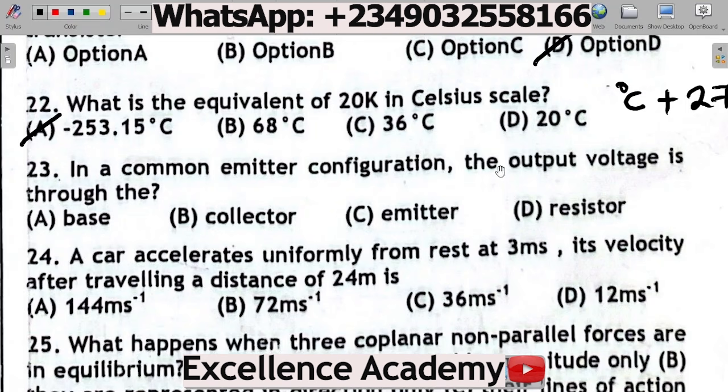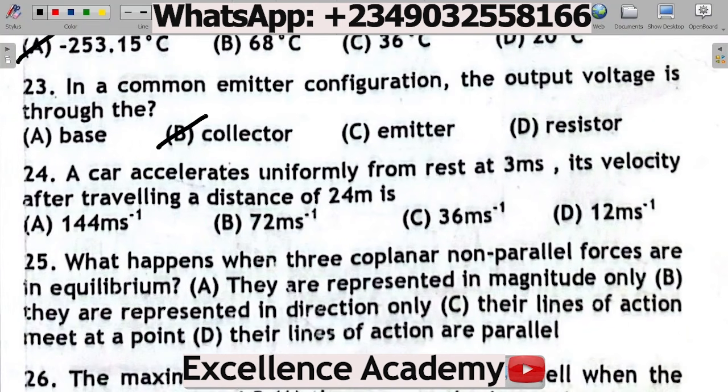In the question, you're asked for the output voltage. So the output voltage is usually through the collector, B. That's the correct answer. Meanwhile, if you're asked for the input, the input voltage is through the base. So voltage enters through the base and leaves through the collector. So B, collector, is the correct answer.